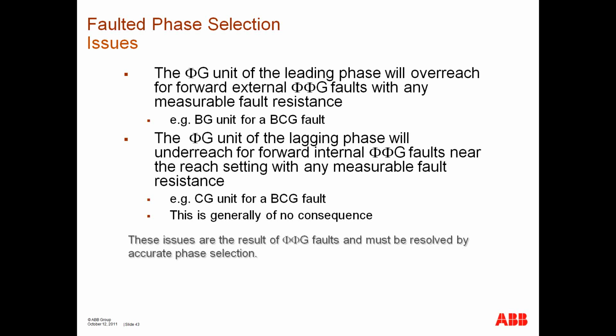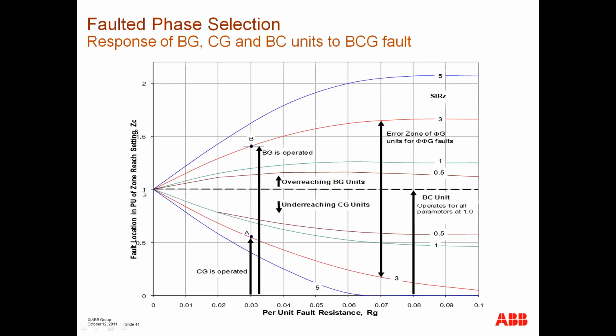And just to give you an illustration, this is the characteristic of a two-phase to ground fault, a BCG fault, and the leading phase, BC, is phase B. And I have these lines, the green line, the red line, and the blue line, going up in this direction, which are a function of the source impedance ratio.